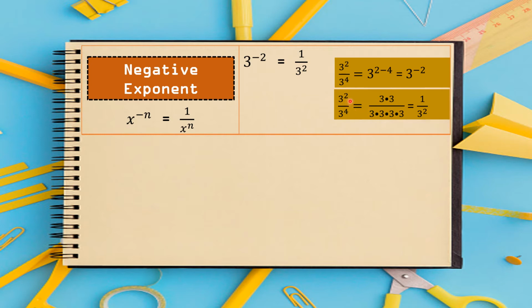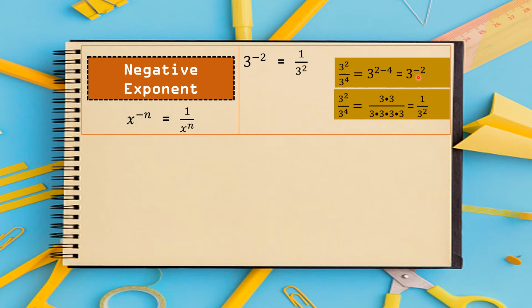3 raised to 2 is equivalent to 3 multiplied by 3. And 3 raised to 4 means that you multiply 3 by itself 4 times. So here, you cancel out the 3s, and what remains is 1 over 3 raised to 2.